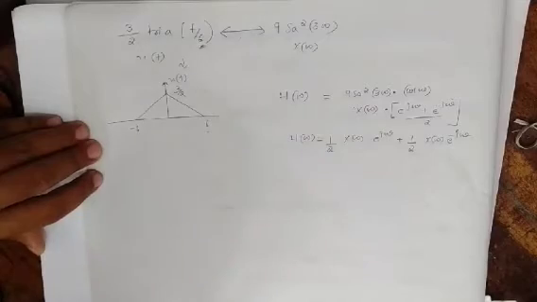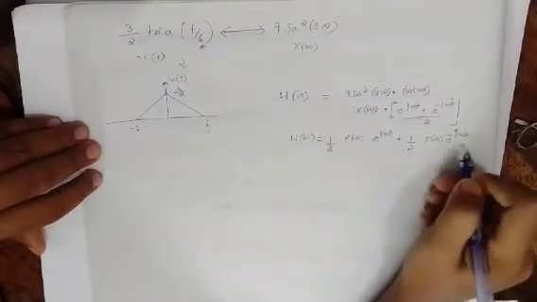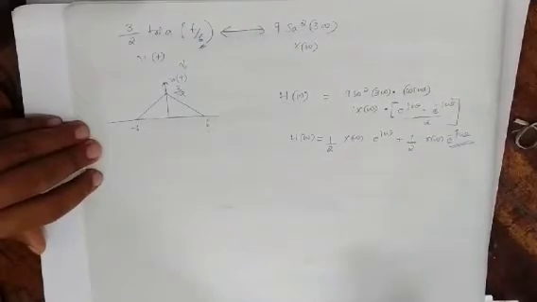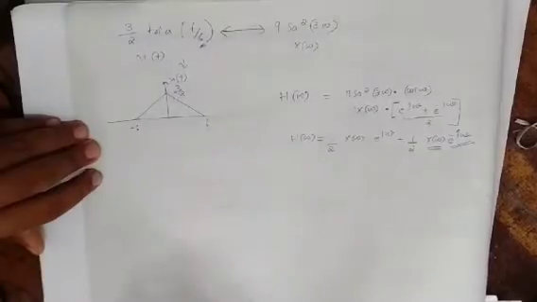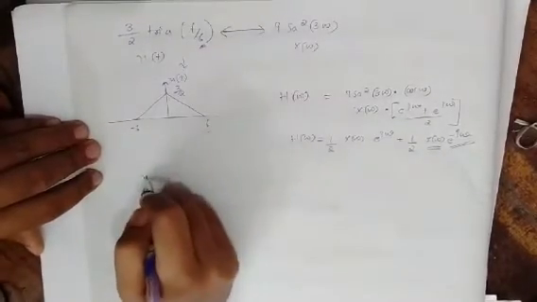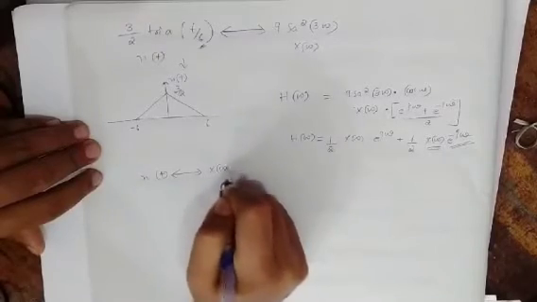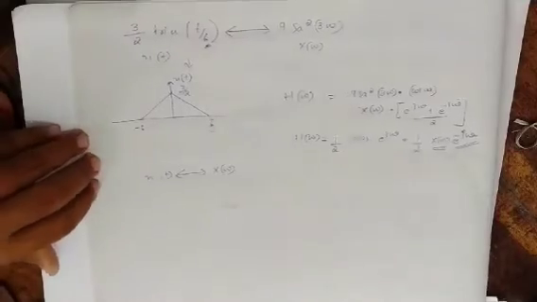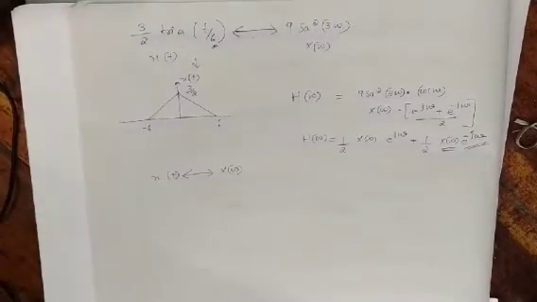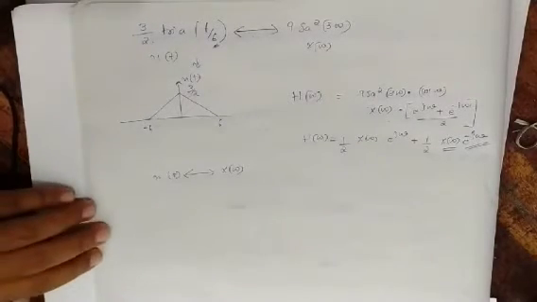And now we are going to use the property of a Fourier transform and see when this e raised to minus j omega comes up with a Fourier transform x of omega. So, I am just going to write the property here, the time shifting property of Fourier transform.